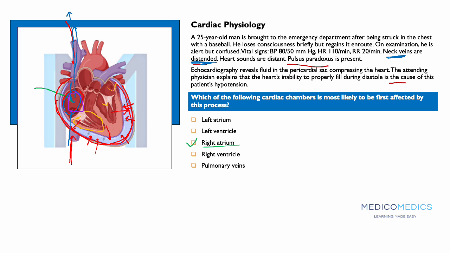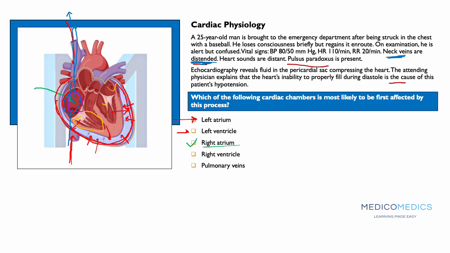So why is it not left atrium? Well, the reason is it's located posteriorly and is relatively protected. It has a higher filling pressure than the right atrium and is less affected in early tamponade. Why not the left ventricle? Well, this is a high pressure chamber with very thick walls, and this is only affected in late stages.